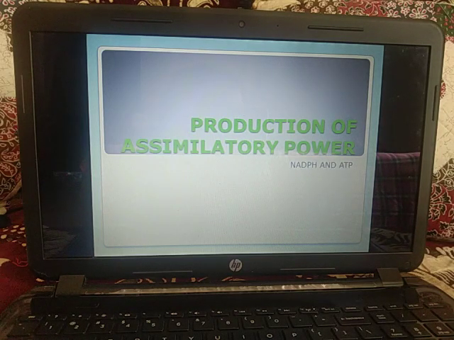The electron removed by the photocenter of photosystem 2 is picked up by the quencher, which is pheophytin, that means which quenches or snatches or takes up. From here, the electron passes over a series of carriers in a downhill journey and loses its energy at every step.